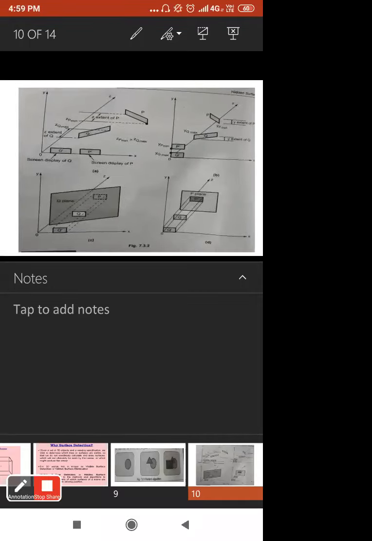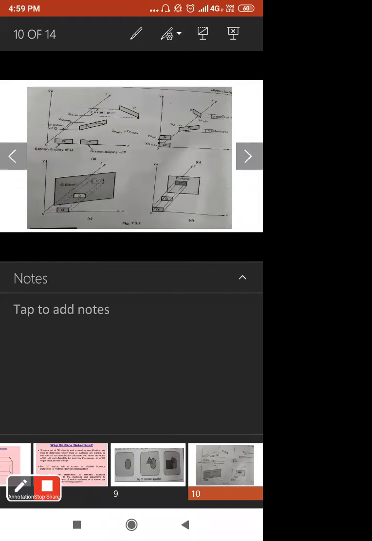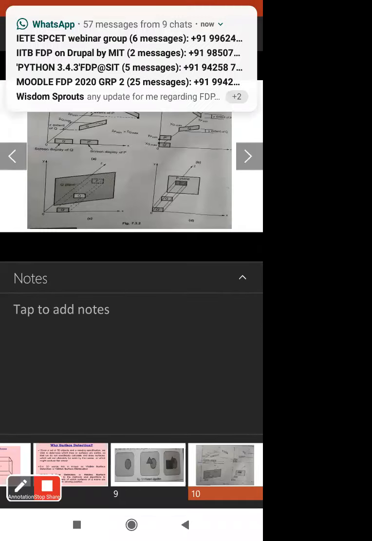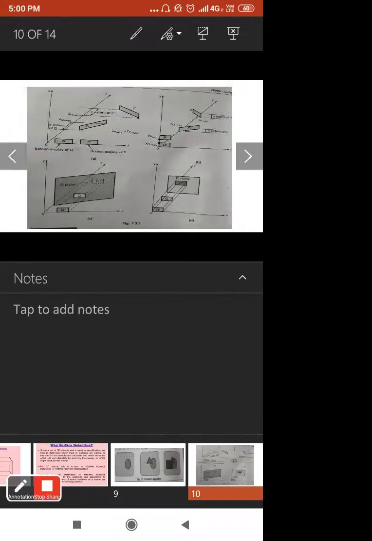Once you go to this diagram, you can get it in your book. And if you have any queries related to this particular point, you can call me again, or you can ask the query on your group.